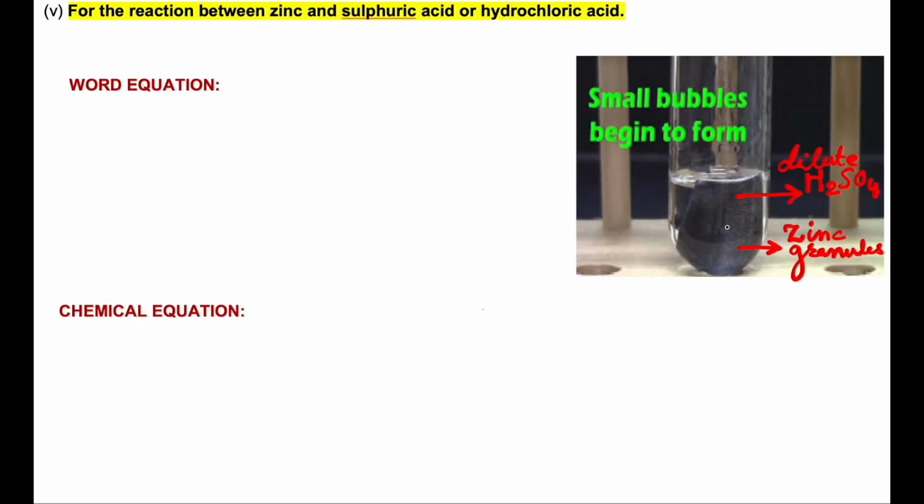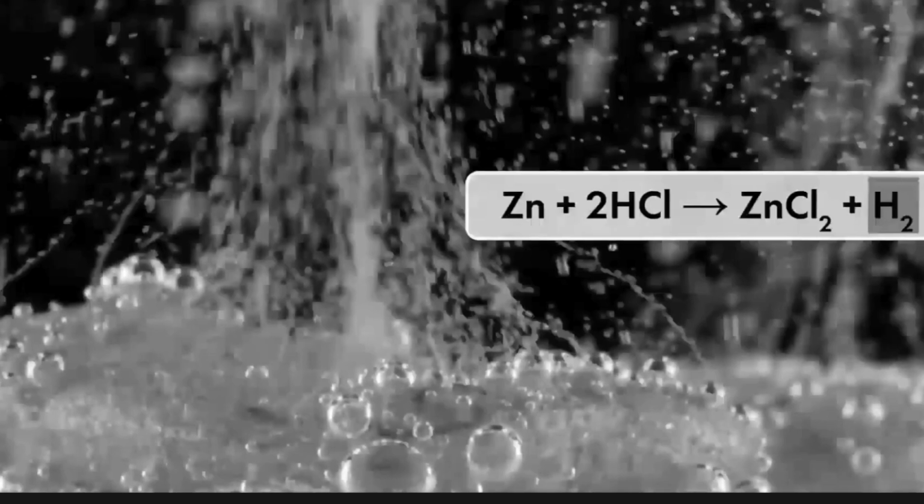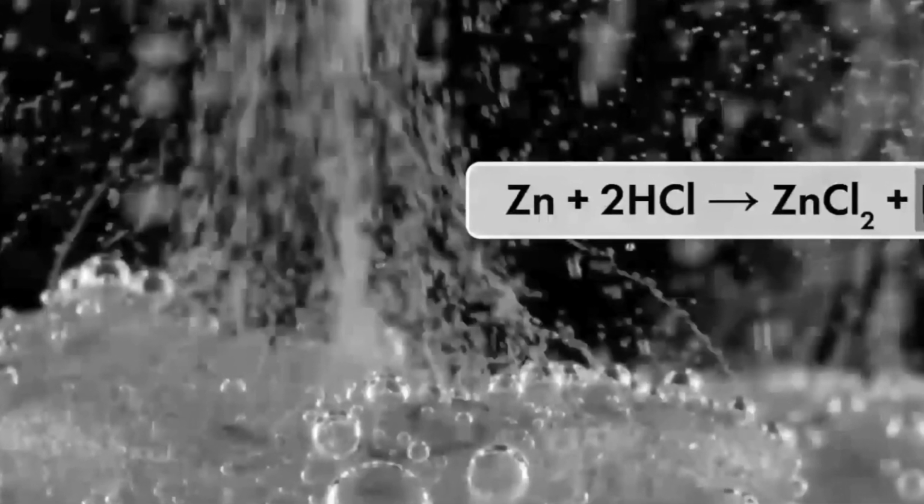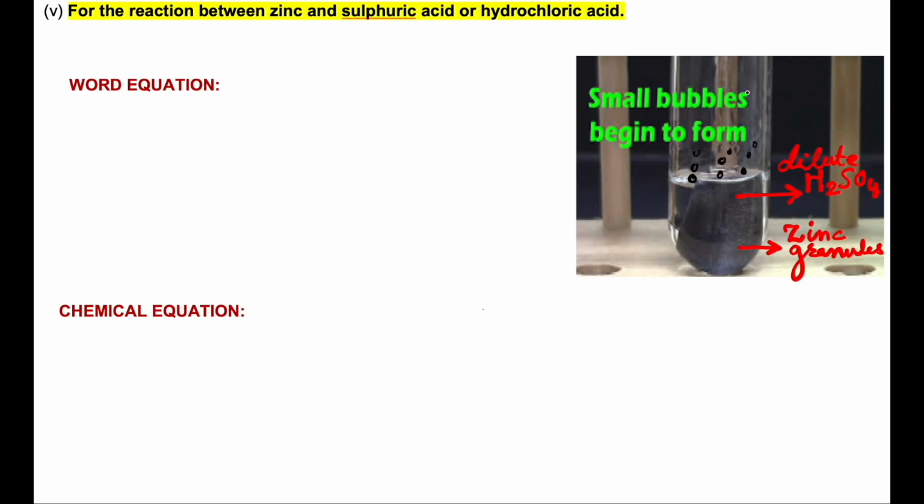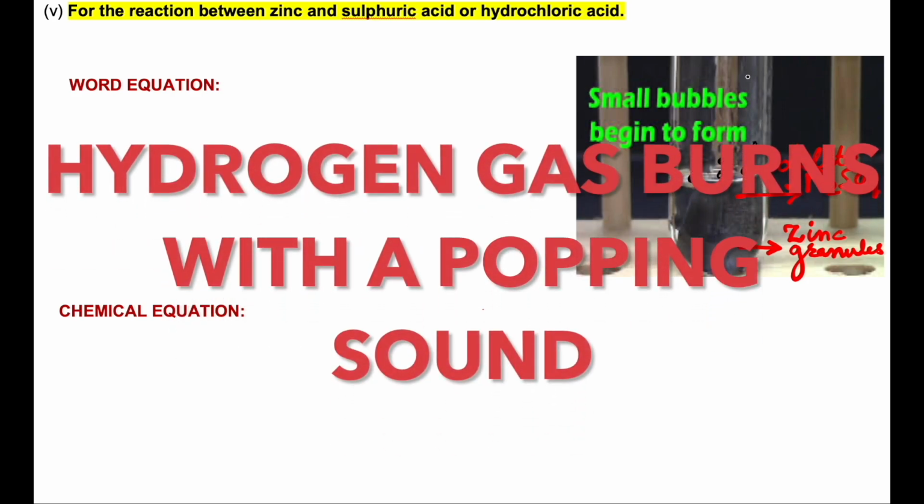It is observed that from the surface of the zinc granules, small bubbles begin to form and a gas is evolved very briskly. To test the gas evolved, a lighted candle is brought near the upper end of the tube. The gas is found to burn with a popping sound. Thus, the gas evolved is hydrogen.